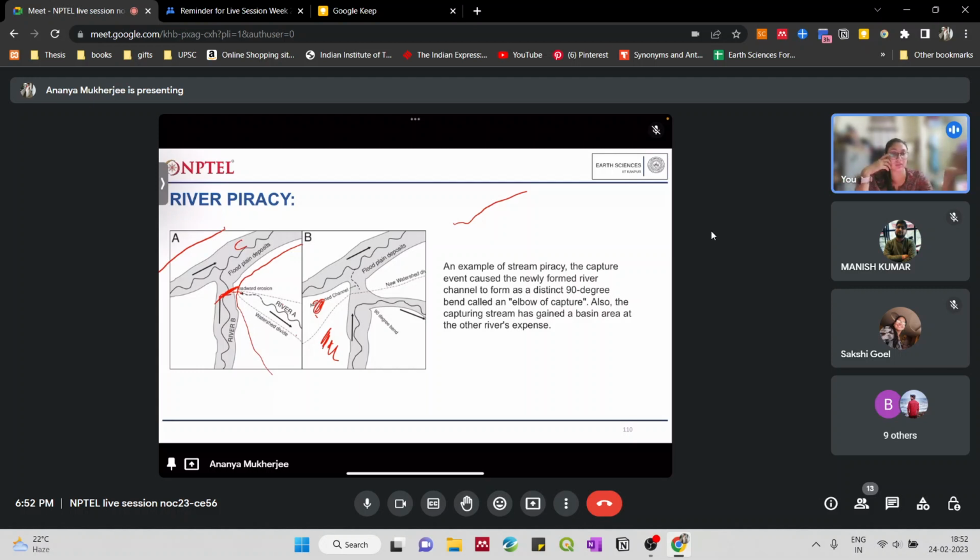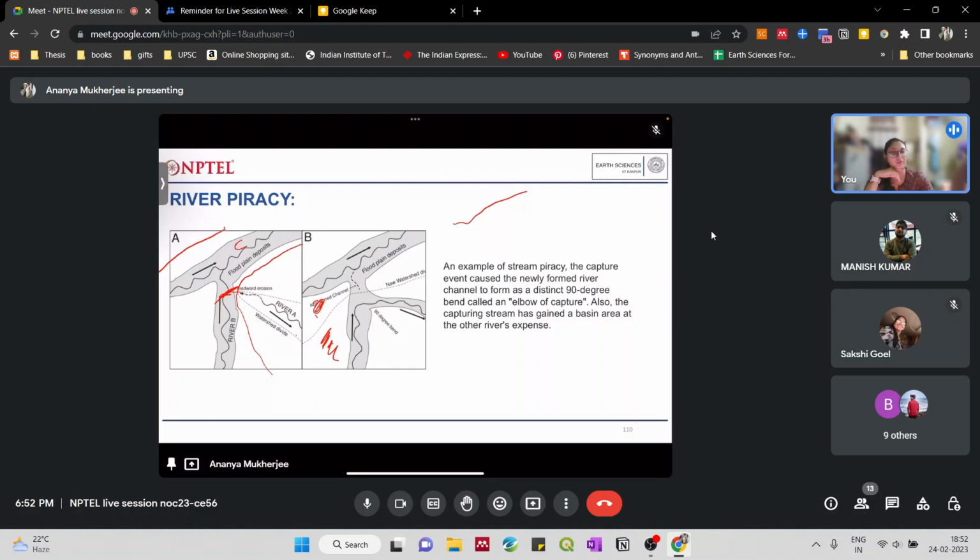I said before that maybe the smaller stream orders are not getting as much water flow to supply them, and the stream that is flowing in the neighboring drainage basin, maybe the erosion is much faster in that stream, so it will erode through the watershed divide, the drainage divide, and it will capture the stream.